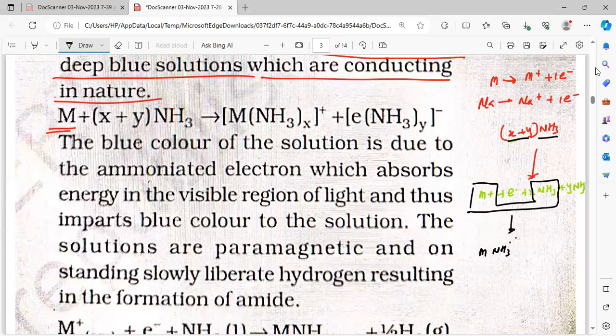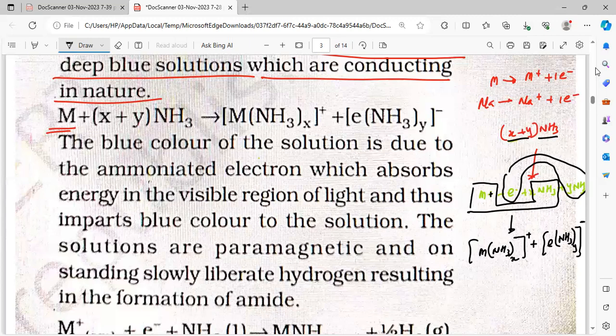NH3 is a neutral ligand, so there will be a positive charge, as the metal has a positive charge here. Now, the electron is going to combine with what? With y NH3. So it is e, another bracket with NH3, y times, and the negative charge on top.